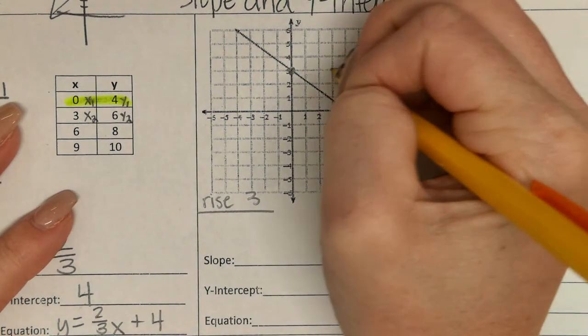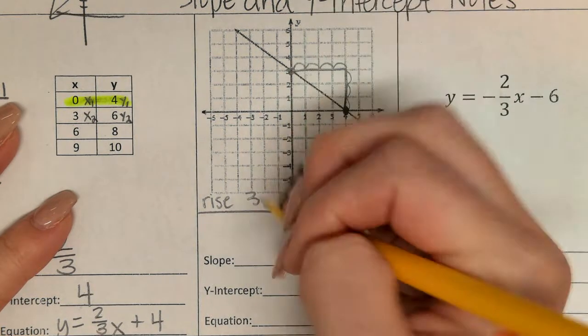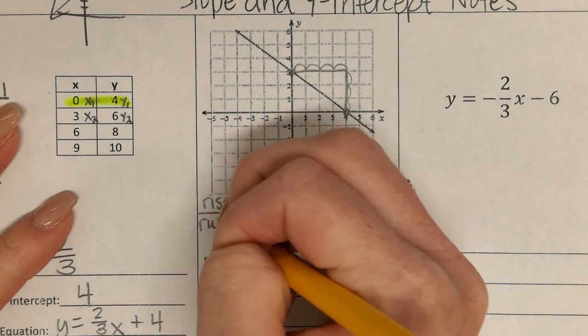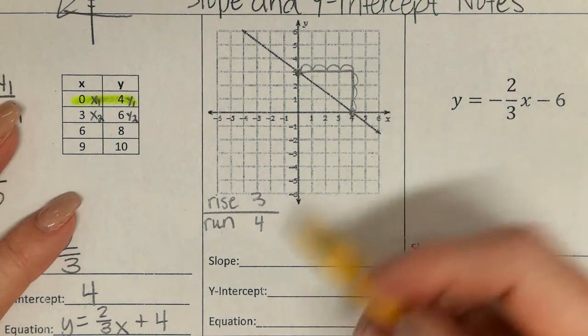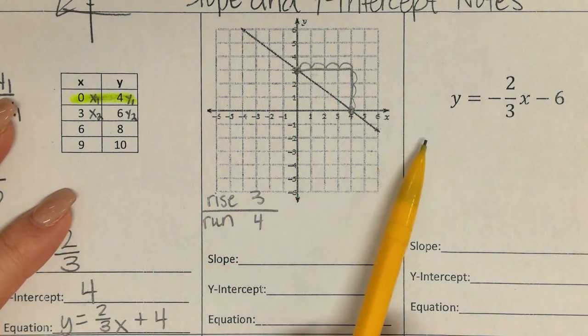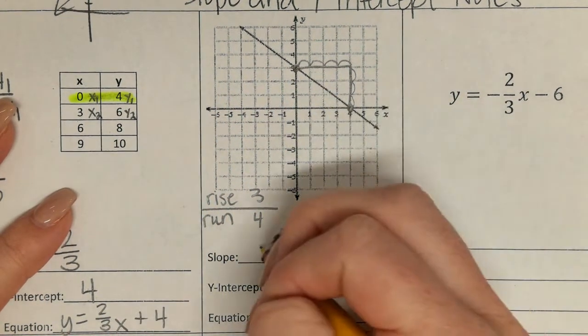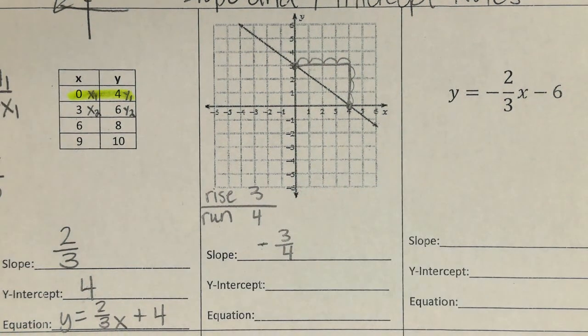And then my run is 1, 2, 3, 4. Who can tell me what I'm missing? A negative sign, because the line is going down from left to right. So if you forget that negative sign, the whole problem is wrong.